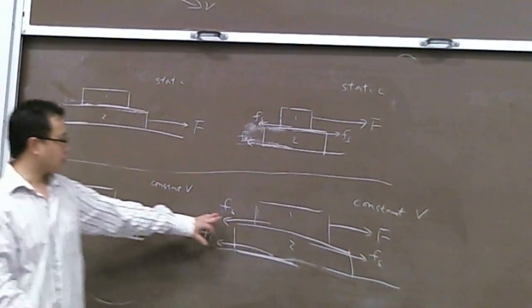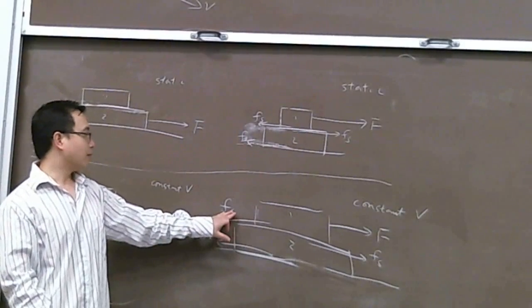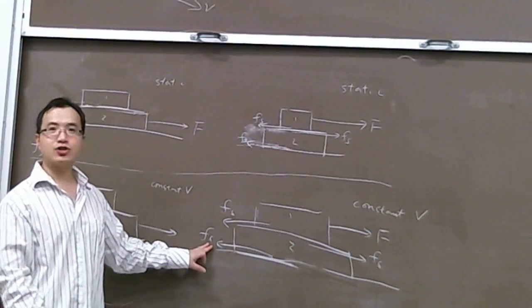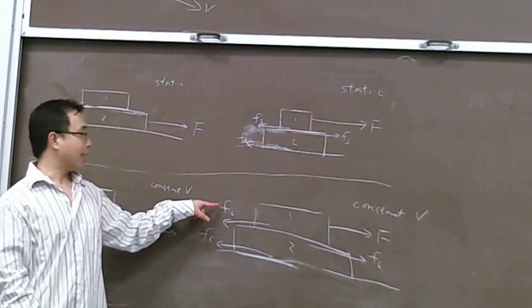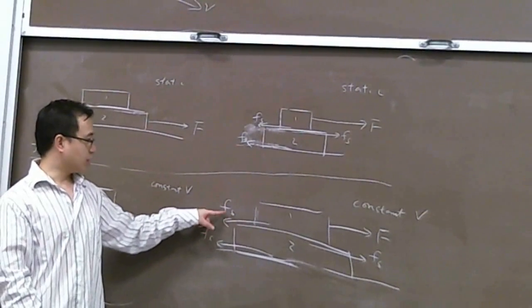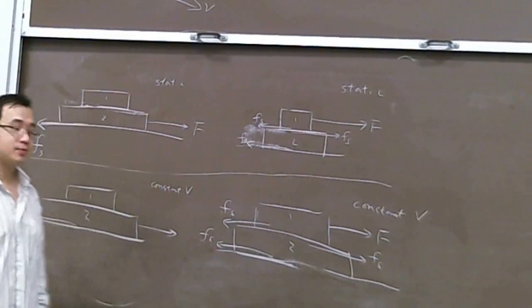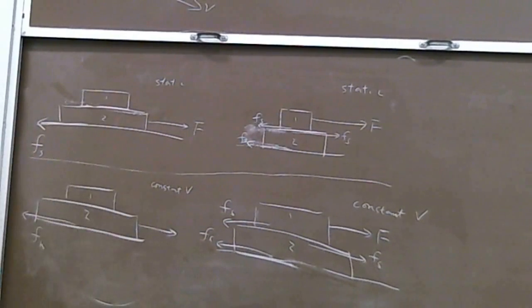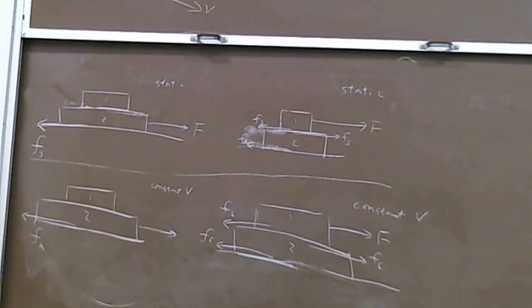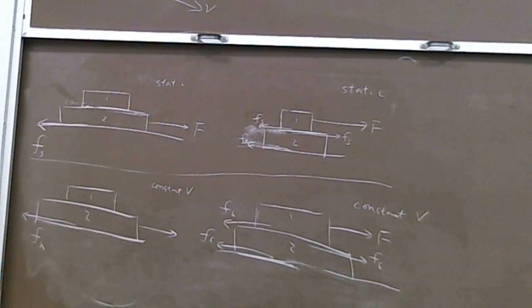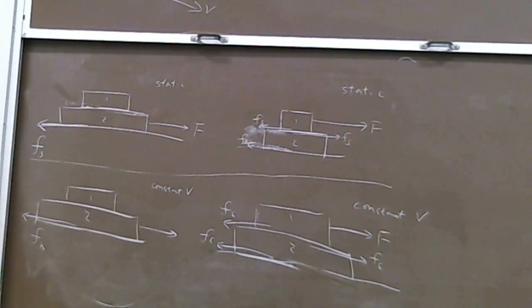And of course, this is possible because the maximum Fs can usually be larger than Fk. So what happens is that if it has a smaller value than Fs max, it can match Fk. Okay. Any question? Now let's look at the accelerated motion.